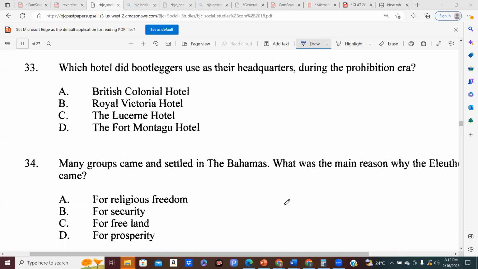Which one do you think is the correct answer, Mr. Alexander? A. British Colonial Hotel. Anyone want to help him? Do you agree with his answer or not?